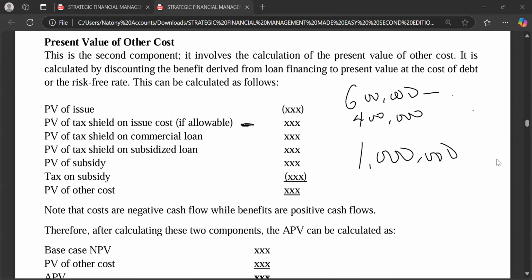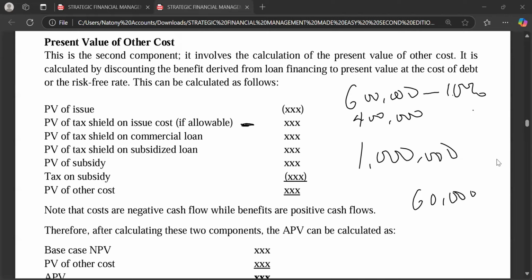So the commercial loan is basically a loan that the company can secure at its own incremental rate of borrowing. So if the normal rate of borrowing of the company is 10%, and the company borrows 600,000, it means that the company will be paying interest of 60,000 on that.